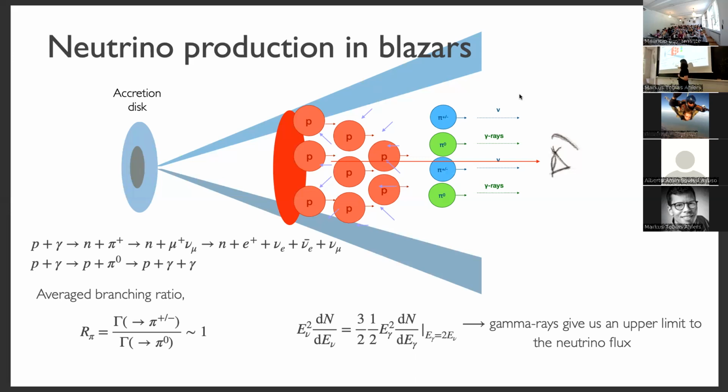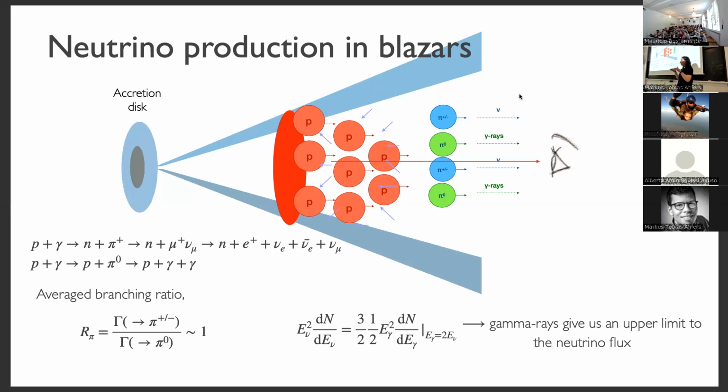Except for this factor, which is roughly 1, the energy flux of neutrinos equals the energy flux of gamma rays in photopion interactions. This is a useful thing to remember: every time you see a gamma ray flux in any kind of source, that gives you an upper limit to the neutrino flux in that source. Why do I say upper limit? Because gamma rays can come from other leptonic processes, so electron emission.